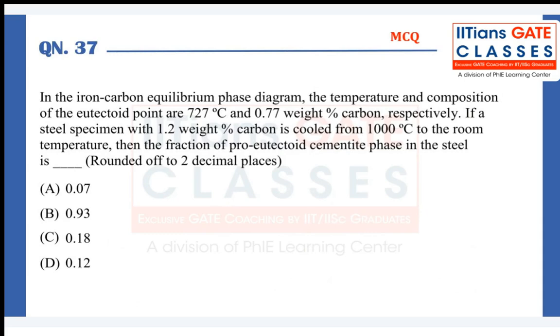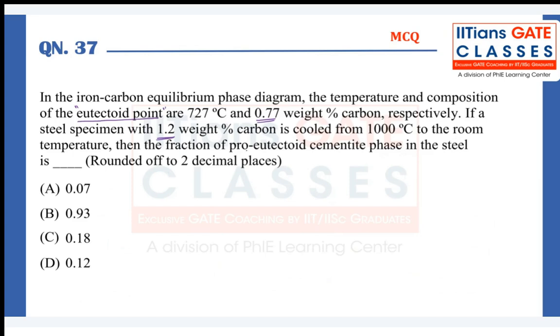In iron carbon equilibrium phase diagram, the temperature and composition of the eutectoid point are 727 and 0.77% carbon respectively. If the steel specimen of 1.2 weight percentage of carbon is cooled from 1000 degrees centigrade to the room temperature, then the fraction of the pro-eutectoid cementite phase in the steel.